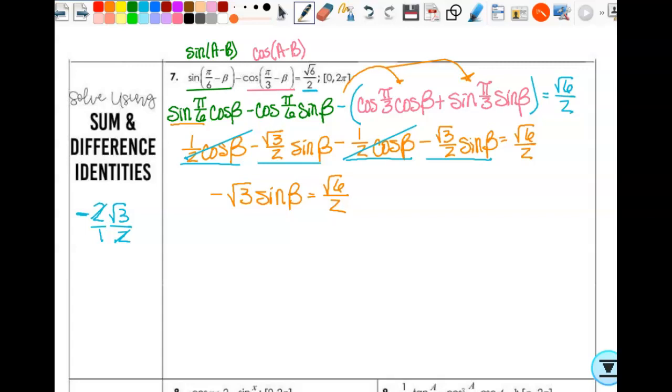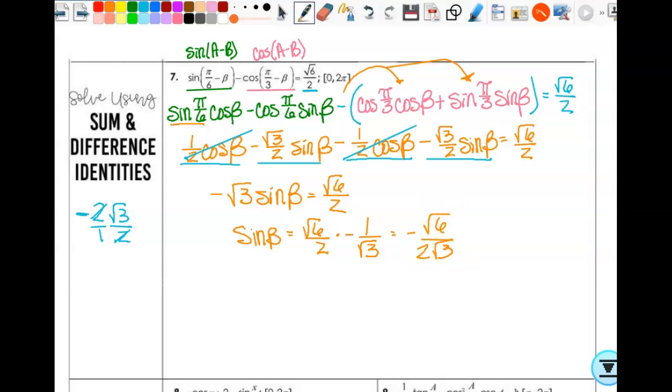So dividing by a negative square root of 3 is the same as multiplying by 1 over negative square root of 3. So that means that sine beta is going to equal the square root of 6 over 2 times negative 1 over the square root of 3. Which, when I multiply straight across, gives me negative square root of 6 over 2 square roots of 3.